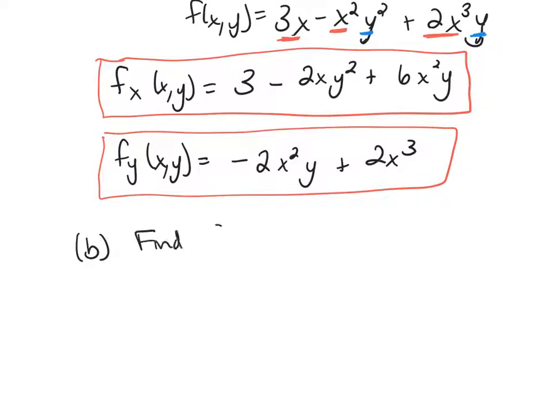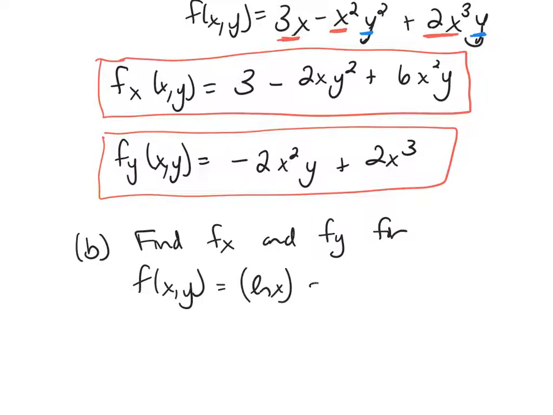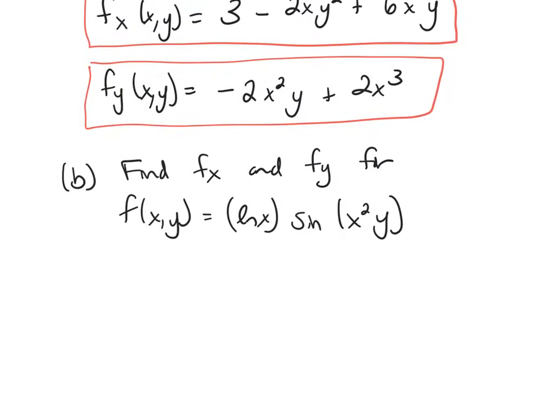Find fx and fy for the function ln of x times sine of x squared y. So we're going to find fx first.